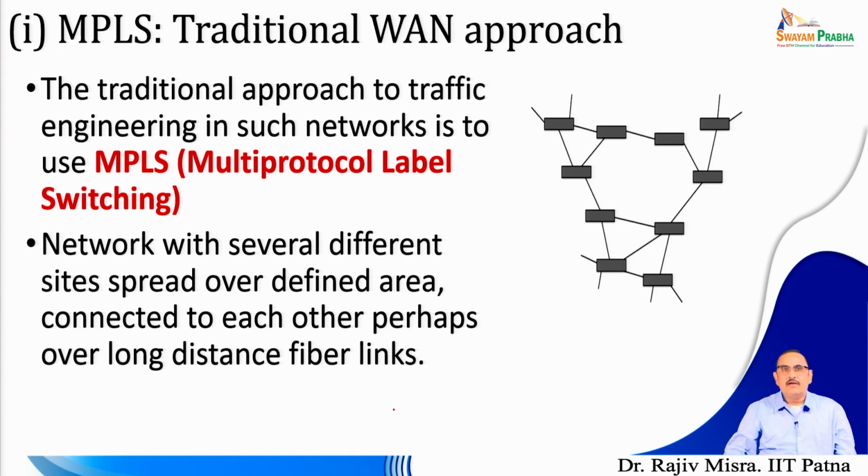Now, let us see what the traditional approaches to wide area networking are. The traditional approach to traffic engineering in such networks uses MPLS, that is multi protocol label switching. This is the protocol for wide area networks which is used as a de facto standard. So, the networks have several sites spread over a defined area, connected to each other, perhaps over long distance fiber links.